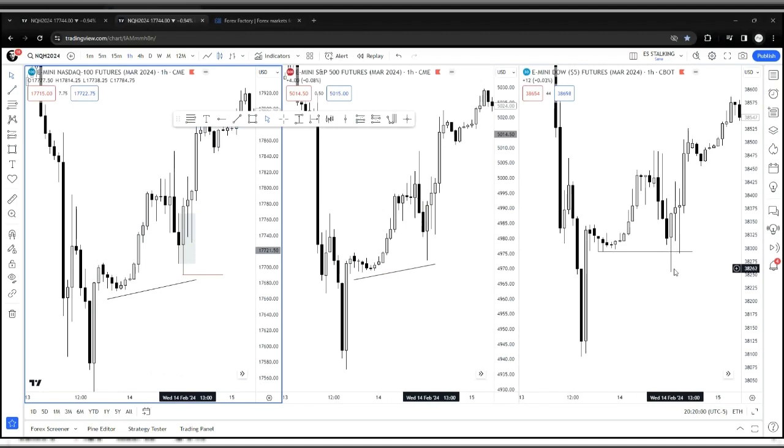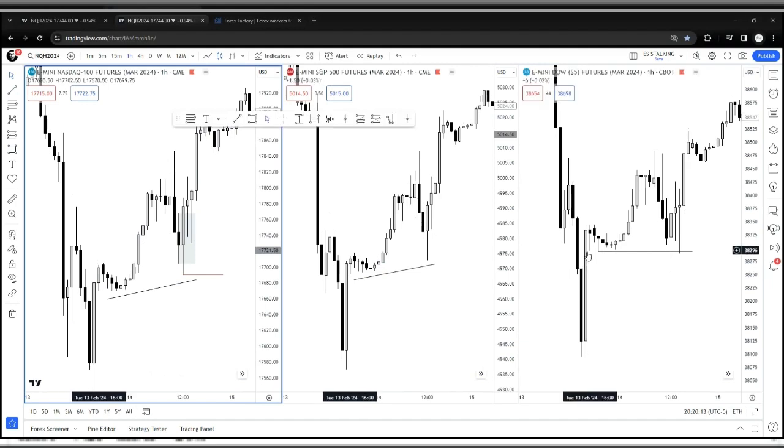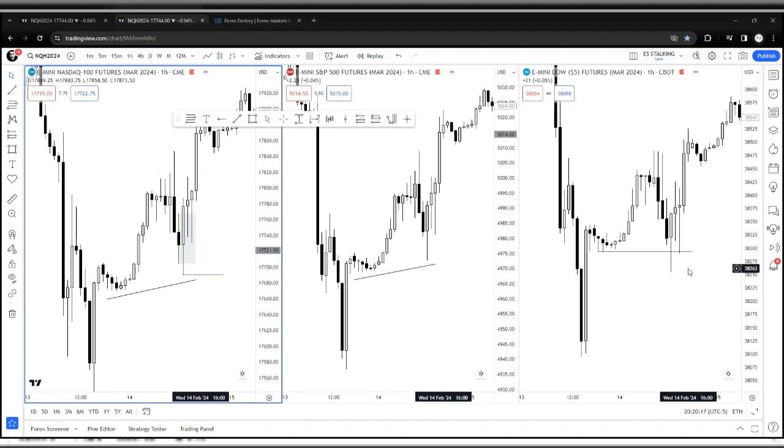Also, it closed a fair value gap entirely, right? So we wouldn't expect price to go below this low after digging into this fair value gap and tapping into the open of this order block right here. Right? So also here we had price closing into this fair value gap.